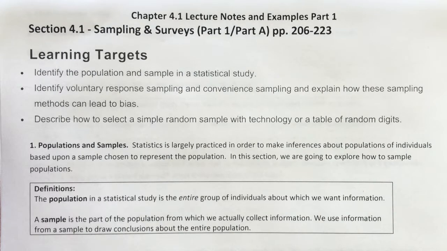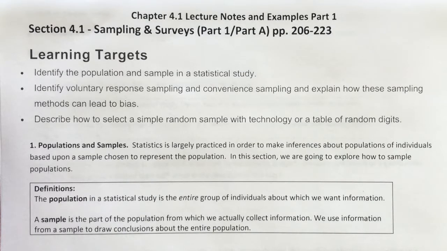We're going to start today with section 4.1, and we're going to split this up into two parts, and today we're going to look at Part 1. Section 4.1 talks about sampling and surveys. So our learning targets for this section: we're going to identify the population and sample in a statistical study. You will be asked that on quizzes and tests to be able to identify those two parts of a study.